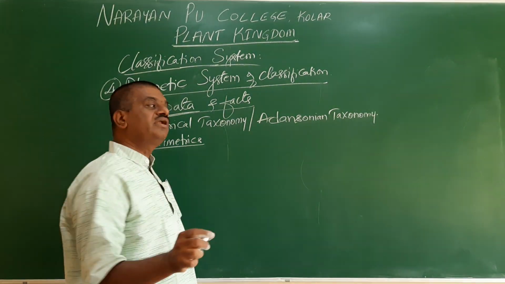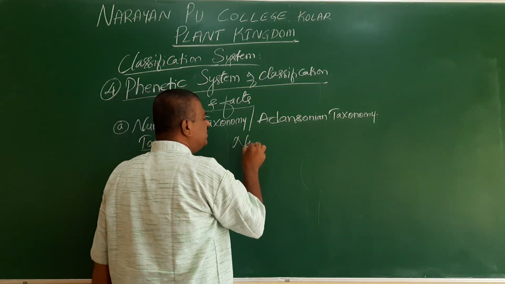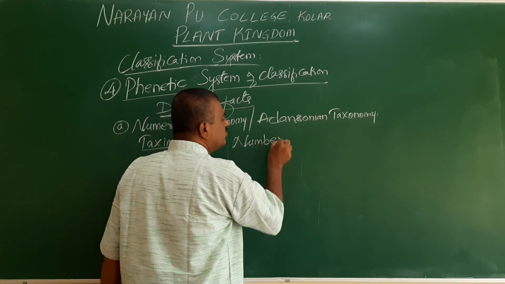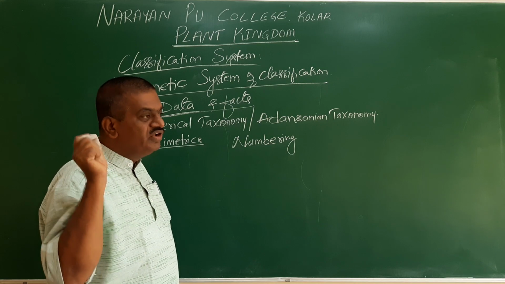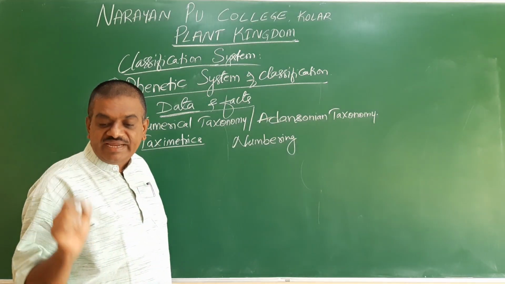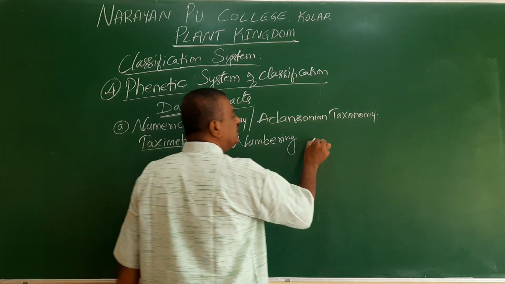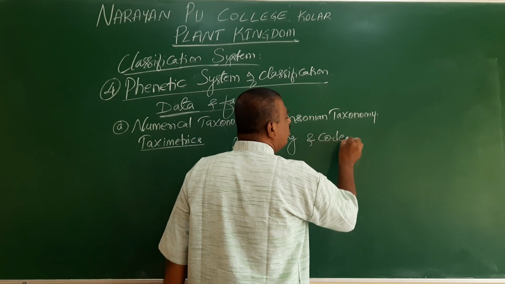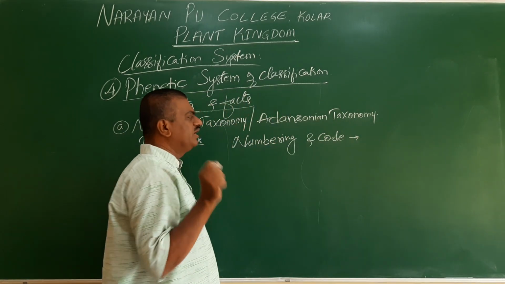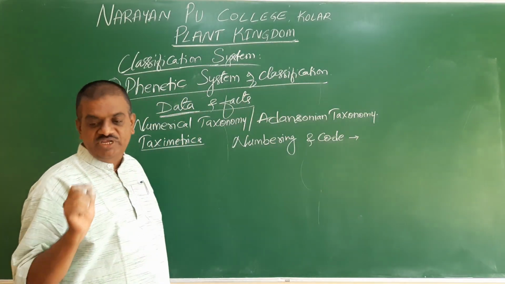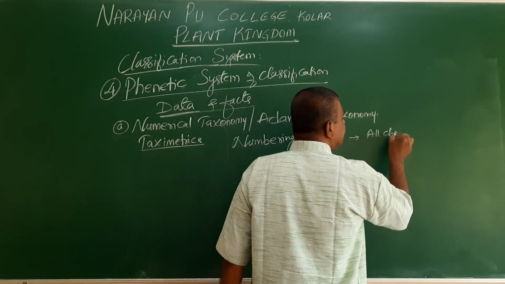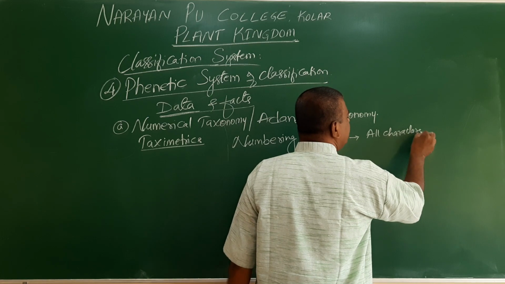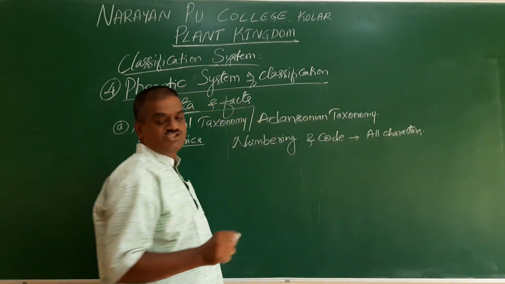Here they are classified based on the numbering of the species, the numbering of individuals, and the characters. Numbers and codes are given to all the characters. Based on numbering and coding, all the characters are taken into consideration in numerical taxonomy.